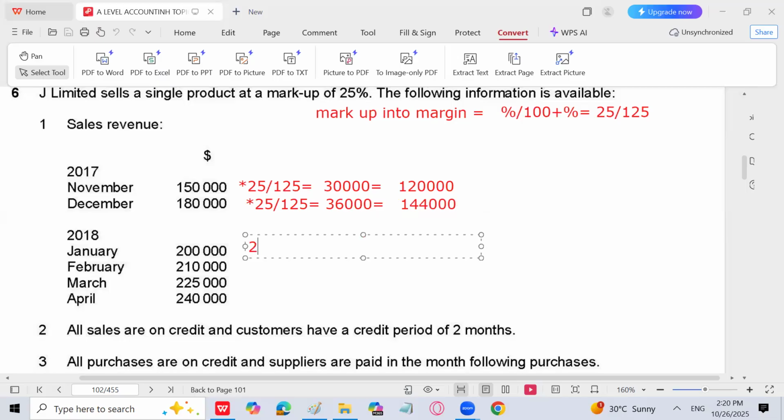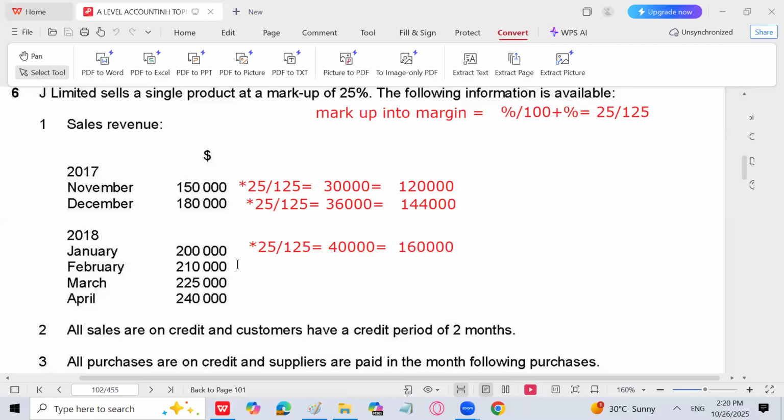Now let's talk about January. That is 2 lakh multiplied by 25 over 125. We'll get the amount of profit. Let me calculate. That is 40,000. And 2 lakh sales minus profit will give the cost of sales for January, which is going to be 1,60,000.